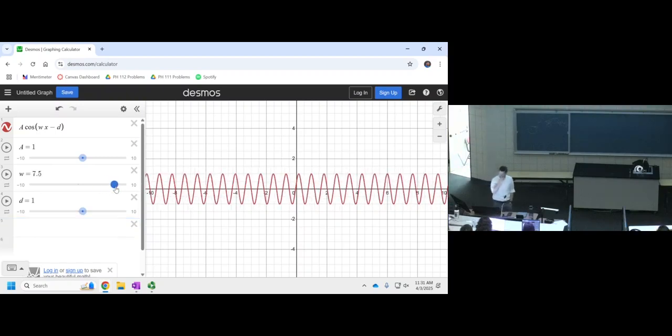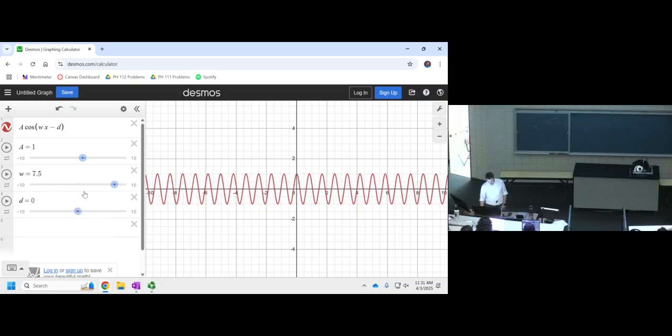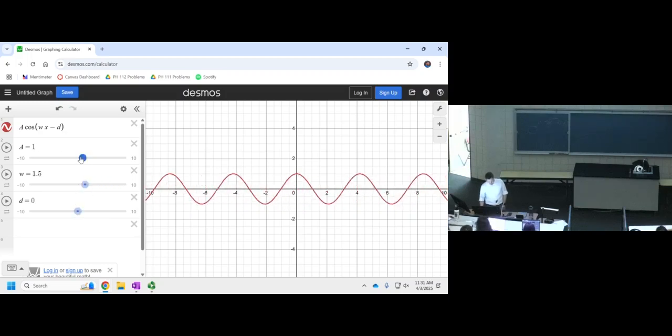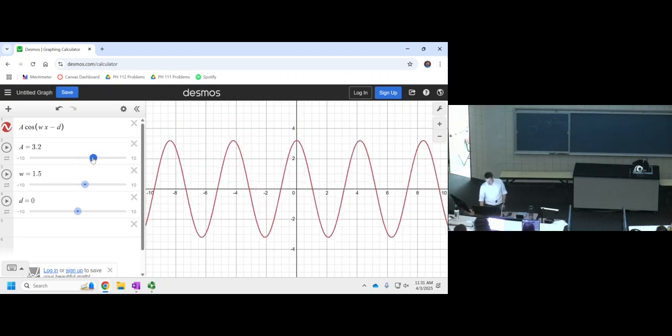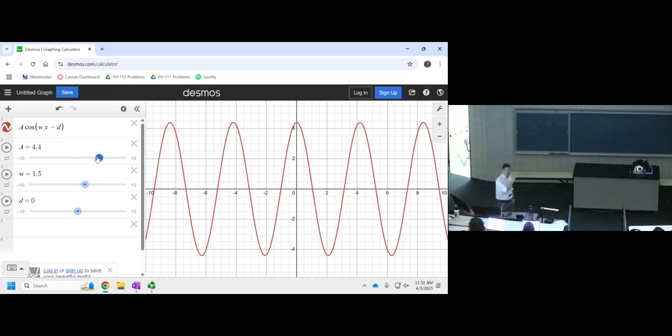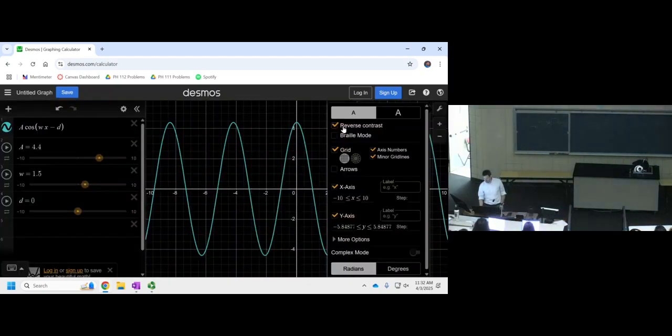As omega increases, you get more oscillations per second, right? And let's start with d is 0. The amplitude is just going to be how much charge you can have when the charge is maximized. And that's going to be determined by how much charge is on the capacitor to begin with. I'll do the math for you here. But you can see that if we add more charge, it does not change the period of oscillation.